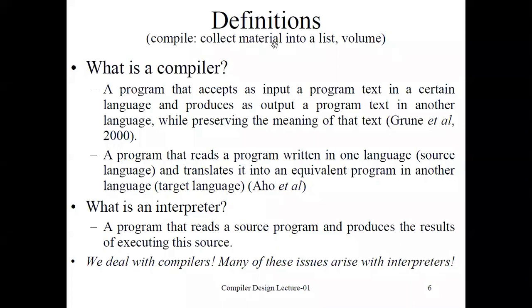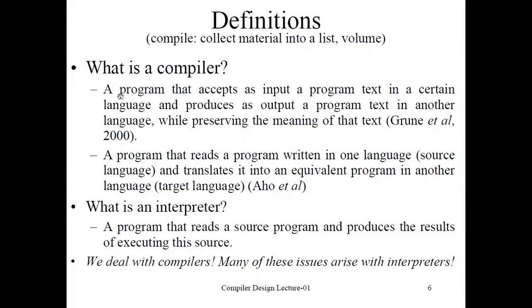It means to collect some materials into a list or volume. This is the general meaning of compile. Then what is a compiler? A compiler is a program or software that accepts as input a program text in a certain language and produces as output a program text in another language.